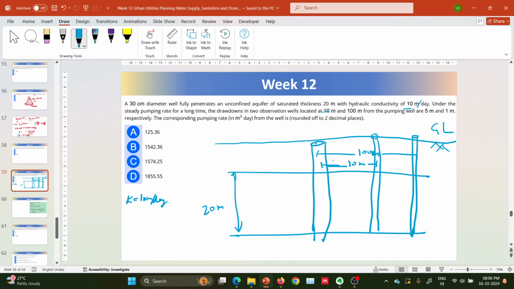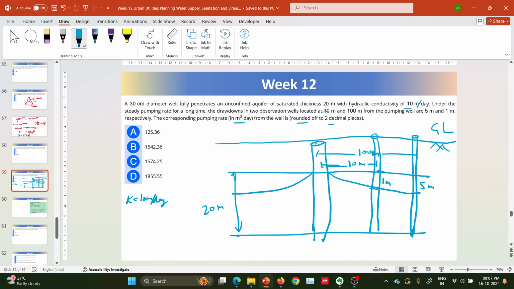From the well, the drawdown will look like this. This is 1 meter, this is 5 meter.